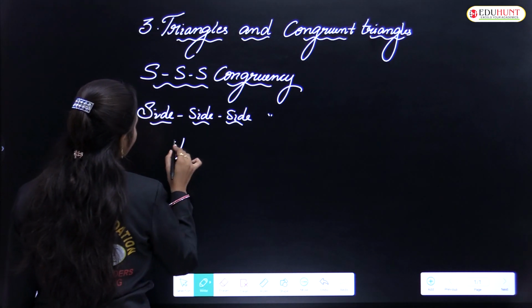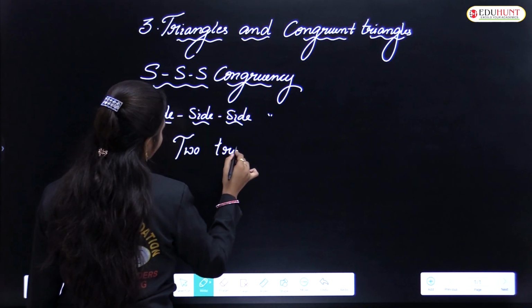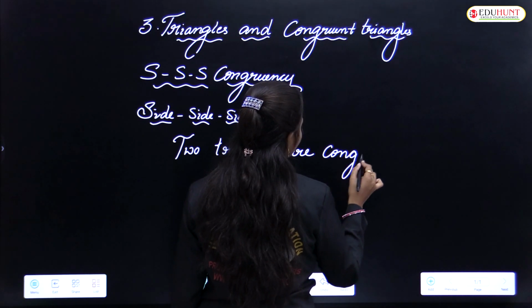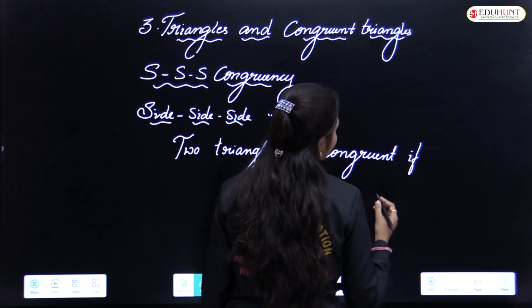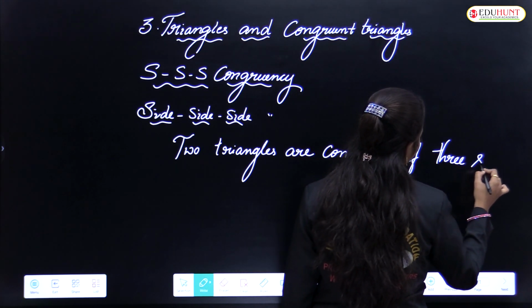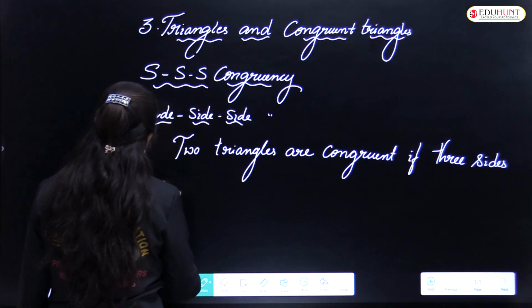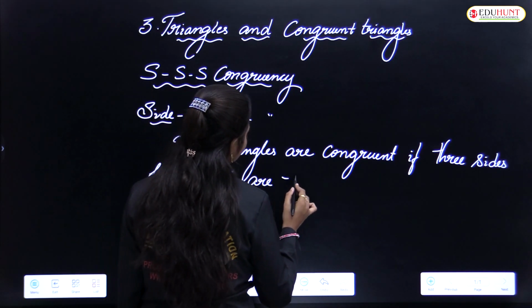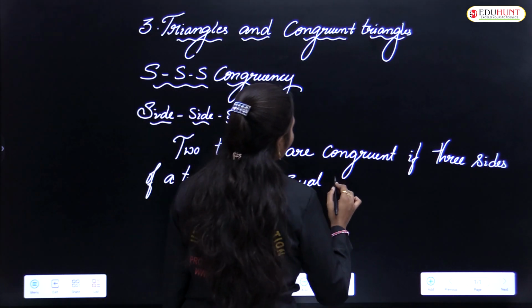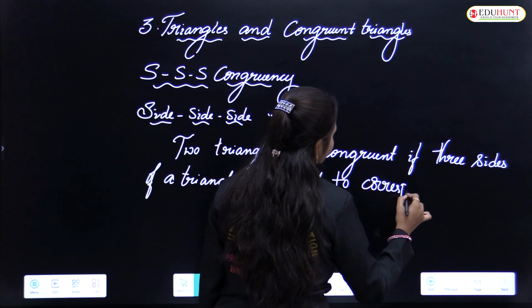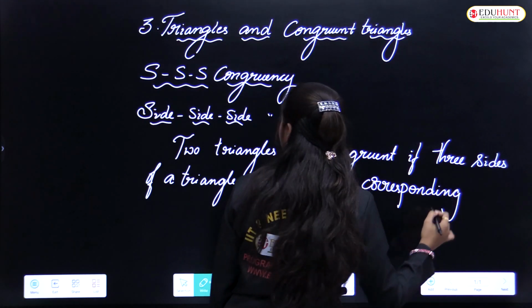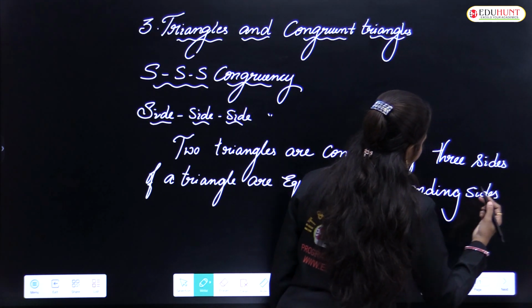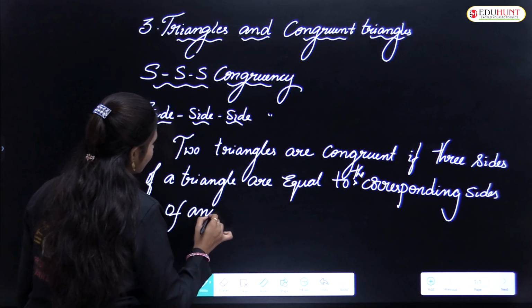So here two triangles are congruent if three sides of a triangle are equal to the corresponding sides of another triangle.